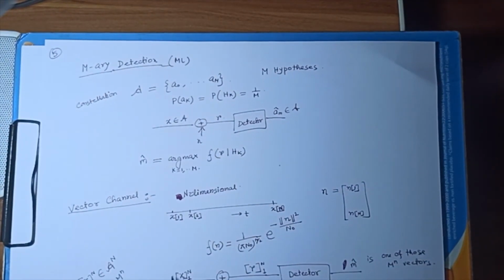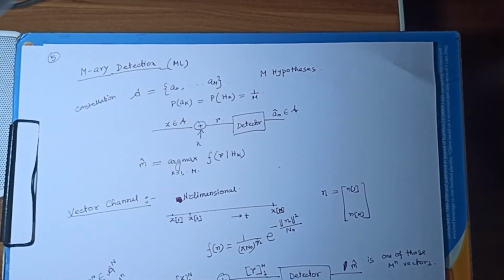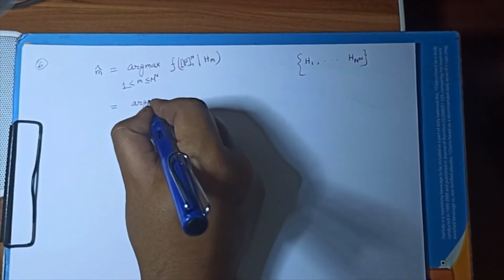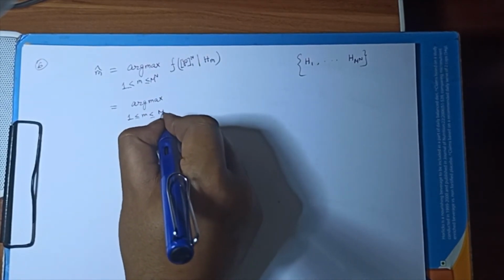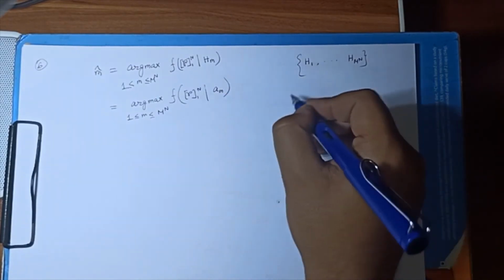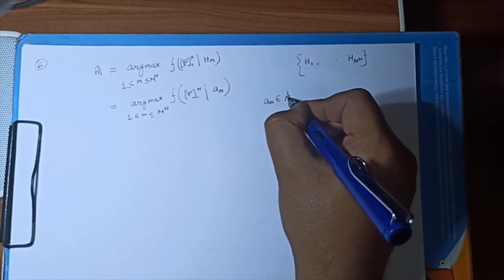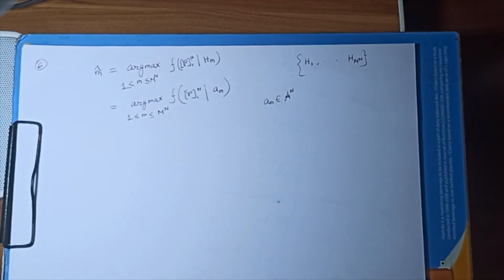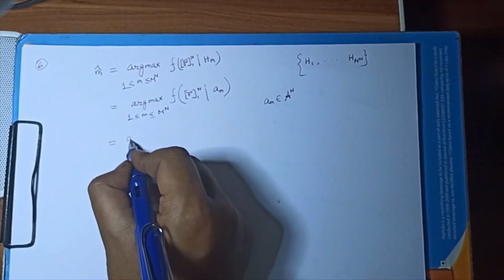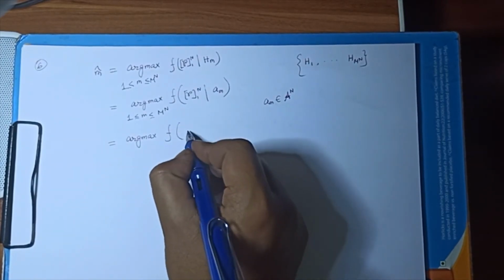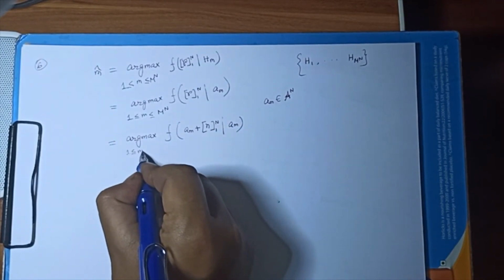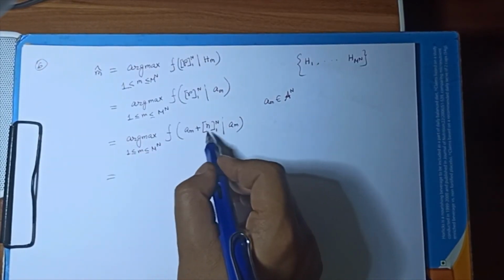So I can write it as a_m, for m from 1 to M to the power N, f of r given a_m. This a_m belongs to A to the power N. Okay, then this expression I know, because r is basically a_m plus noise, the N-dimensional vector, given a_m for all m. I know that this is the same as this.